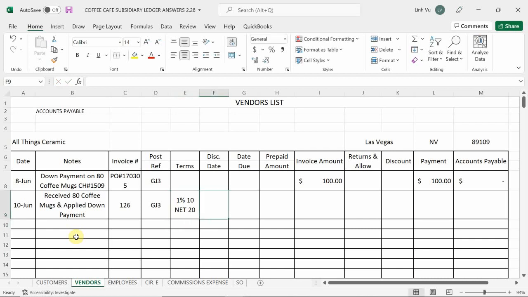So that means I actually now have a discount due date. So in this case, if I receive the bill on June 10 and I have 10 days to make the discount due date, what day do I need to pay to be able to take advantage of this discount?